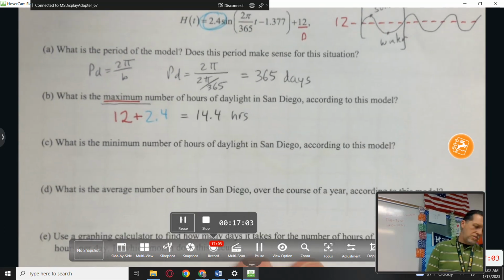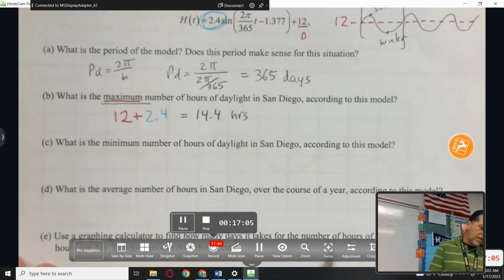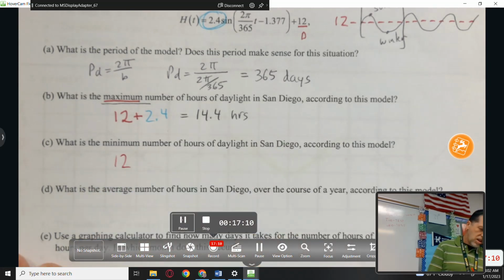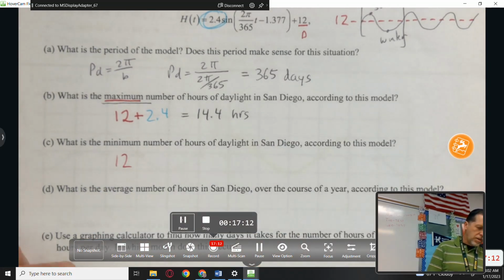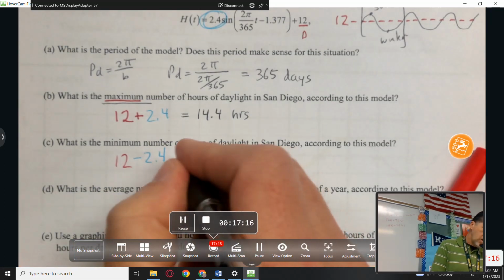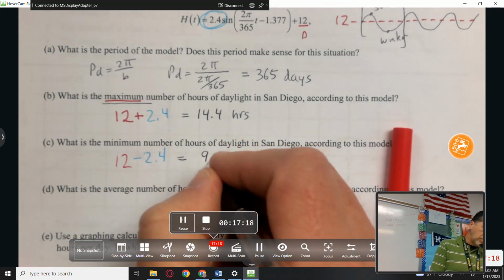How about the minimum hours? It'd be the same type thing. 12, but then minus 2.4 would be 9.6 hours.